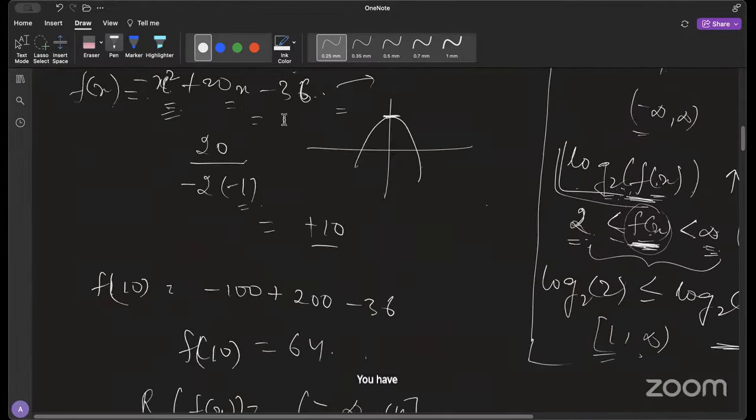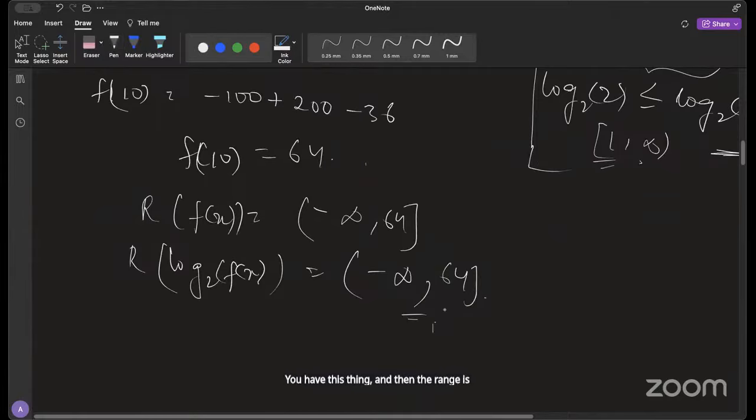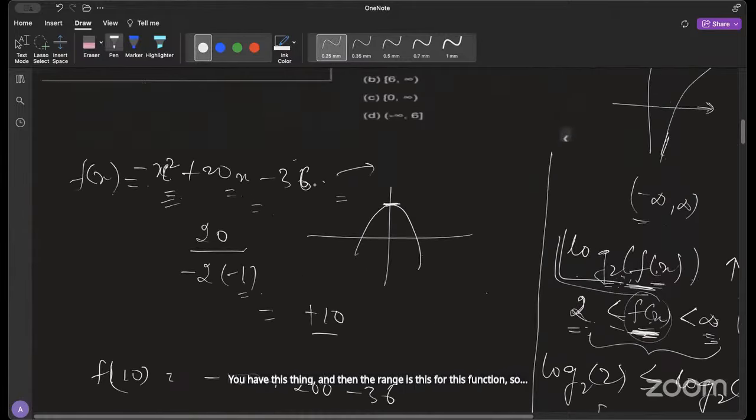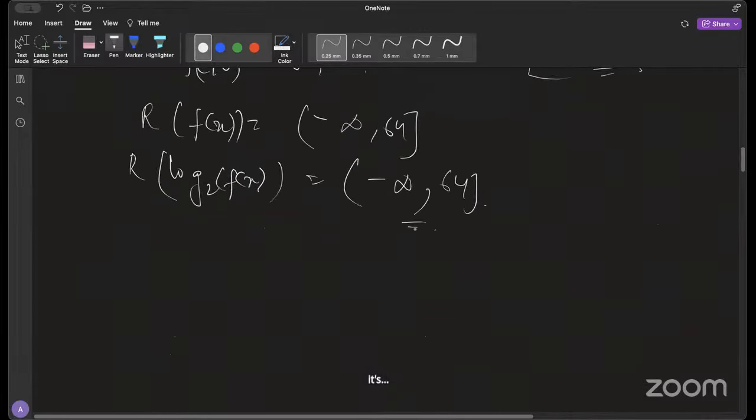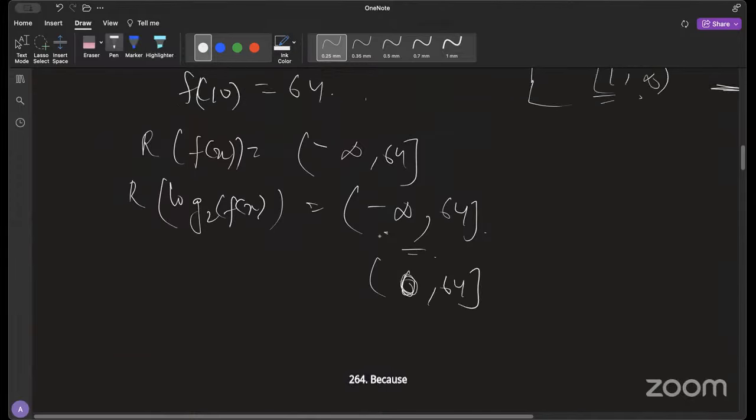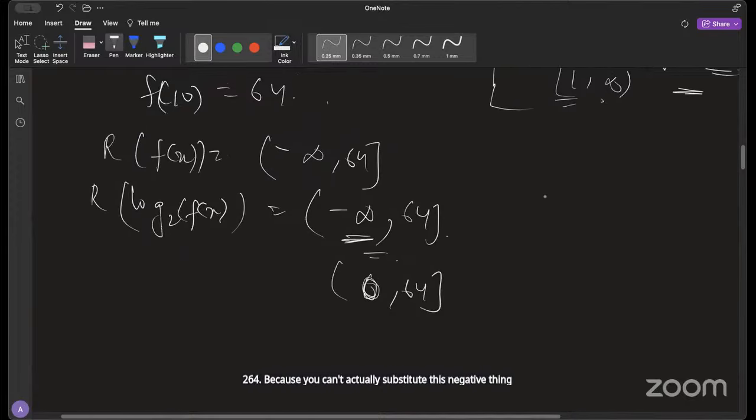So you should be taking 0 to 64, because you can't substitute this negative thing in log.